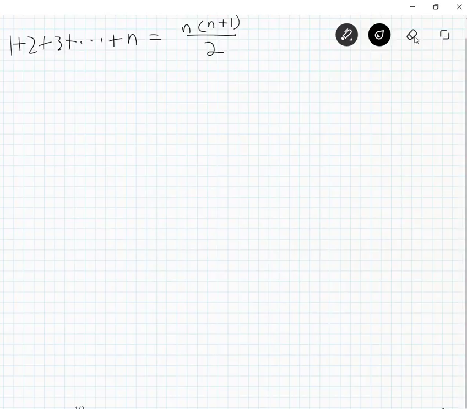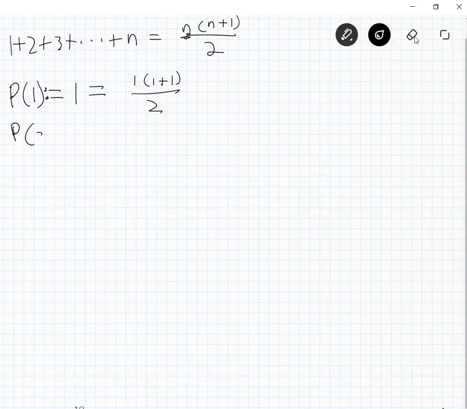First, let's define P. P of 1 is going to be the statement 1 is equal to 1 times 1 plus 1 over 2.